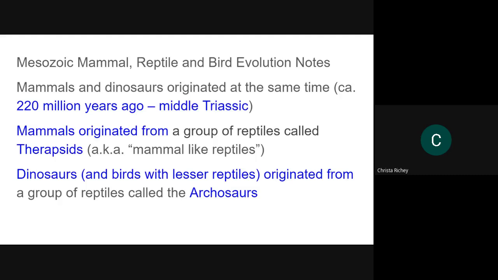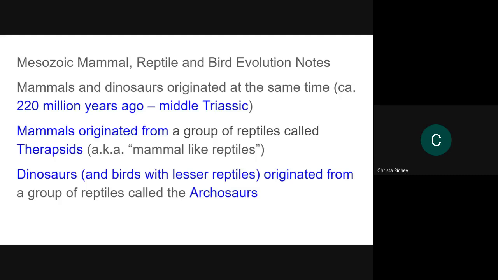I've said this multiple times. Mammals and dinosaurs started evolving at about the same time, give or take 220 to 230 million years ago. Mammals evolved from the therapsids, things that were essentially half mammal and half reptilian.